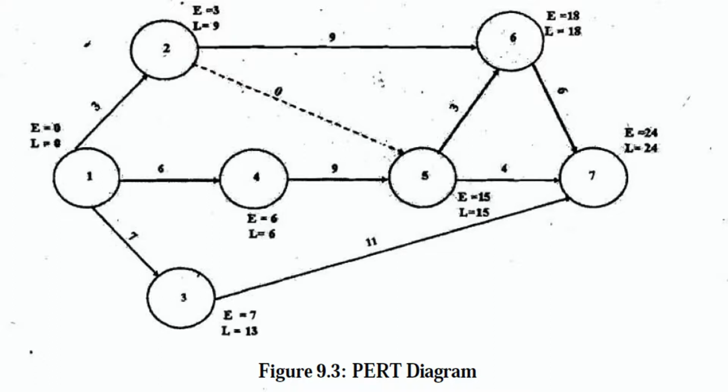The alternative path is from event 1 to event 2, from event 2 to event 6, and then from event 6 it can get completed. And the third path is event 1 to event 3, and from that event it goes to 7.